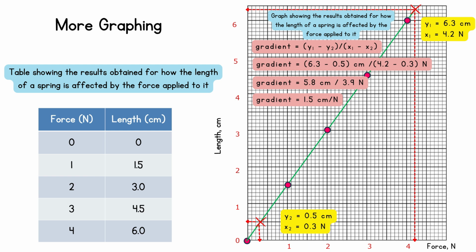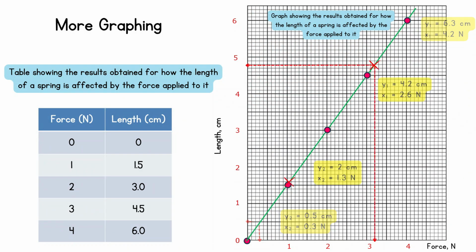So for this graph, we know that our gradient is 1.5 centimeters per newton. Let's try to move the x's somewhere else and see if we get the value for the slope to be the same or similar in value. So we've moved the x's and they have different x and y coordinates, as can be seen.